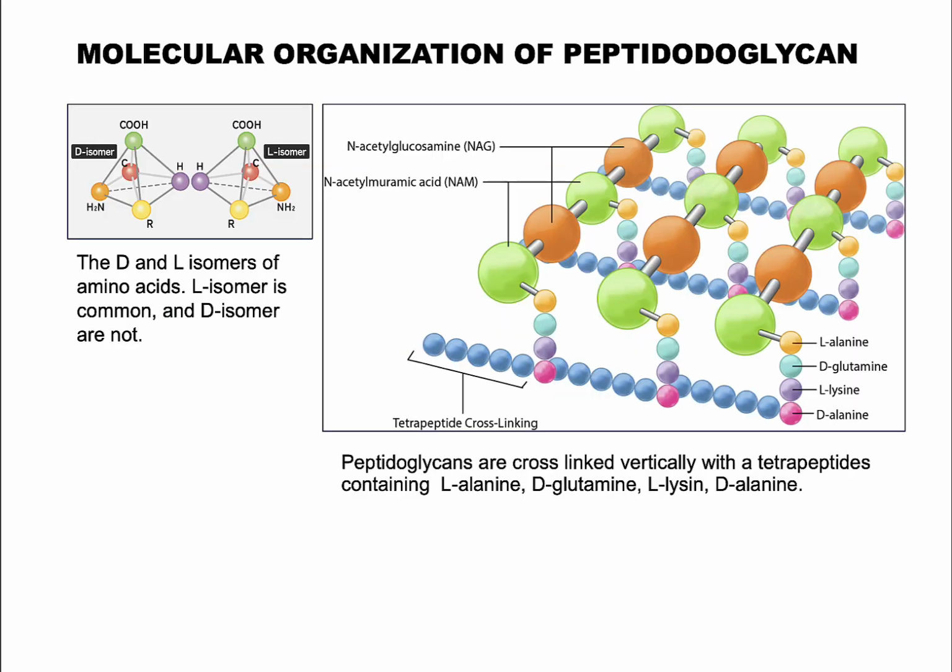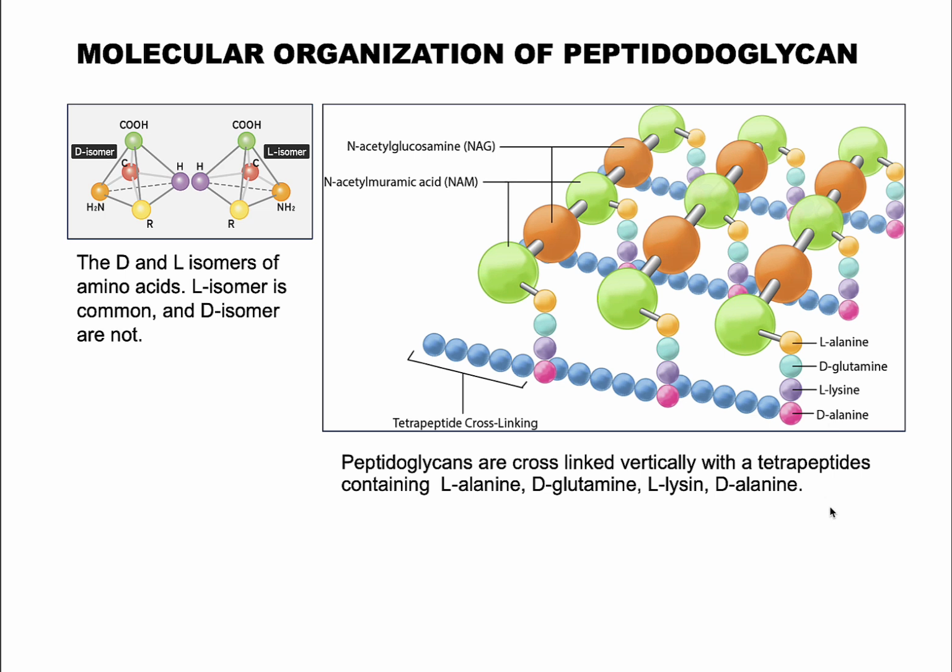Peptidoglycan is a complex carbohydrate made up of two derivatives of glucose, N-acetylglucosamine, NAG, and N-acetylmuramic acid, NAM, which alternate in long chains. These chains are interconnected by a tetrapeptide that projects from the NAM sugar molecule, creating a lattice-like framework. The tetrapeptide consists of 4 amino acids: L-alanine, D-glutamine, L-lysine or meso-diaminopimelic acid, DPA, and D-alanine.